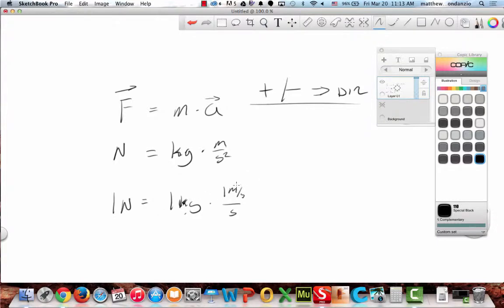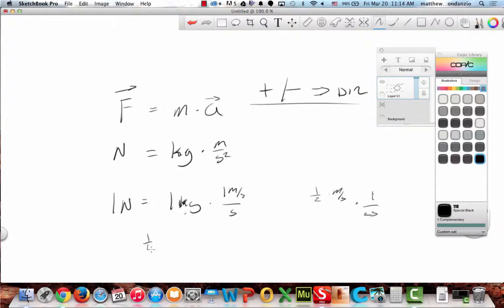So if I were going to take 1 kilogram of mass and change its velocity by a half a meter a second in 2 seconds, how many newtons is it going to take? 1/2 a meter per second times 1 over 2 seconds, right?